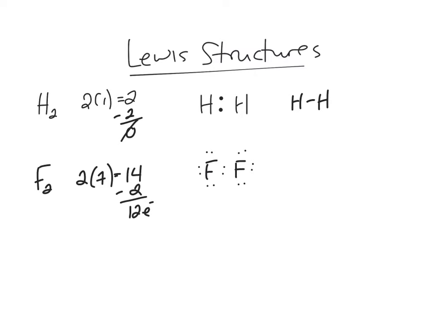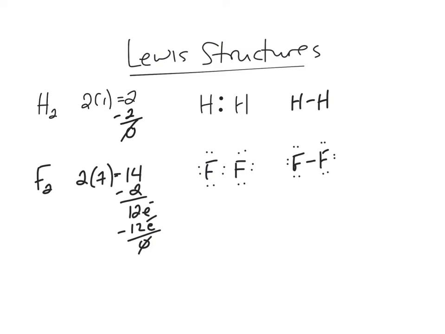So I've satisfied the octet rule of the fluorines. I've used 12 electrons, so now I have none. So fluorine has the combining capacity of 1. It makes 1 bond, which it did, and then the remaining electrons were placed around it.